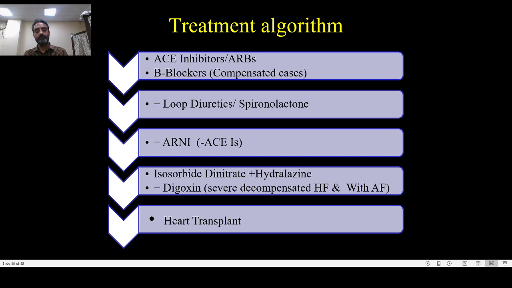You can use these alternative classes of drugs because ACE inhibitors or ARBs are not that useful in this set of patients. Along with that, you can use digoxin in severely decompensated heart failure, along with atrial fibrillation.